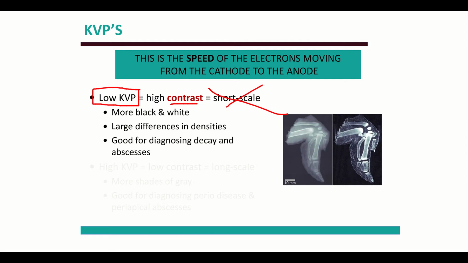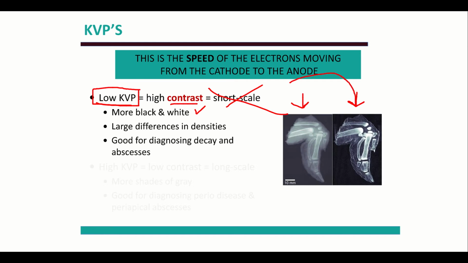So let's look at these two pictures over here of a chicken wing. We have this one here, which shows lots of black and white, very few shades of gray, and this one here, the opposite. Not as much black and white and a lot more shades of gray. So when we have low KVPs, a low setting, it's going to give us high contrast, which means more black and white.